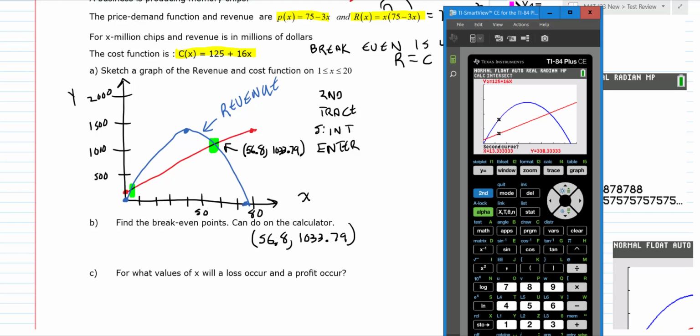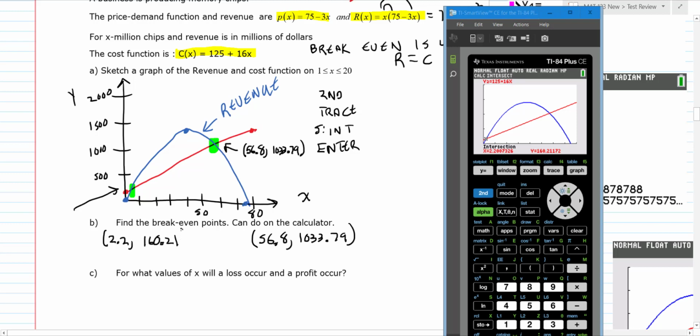Press enter, it comes up again, press enter, press enter. You're going to know you're doing it right because it's blinking on the right point. So this break-even point right here is going to be 2.2, comma, 160.21. Okay, so those are your 2 break-even points.